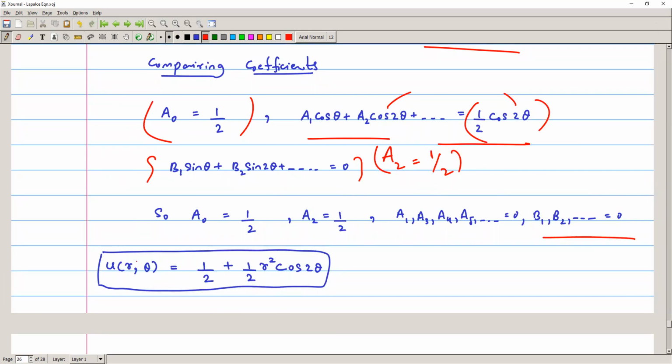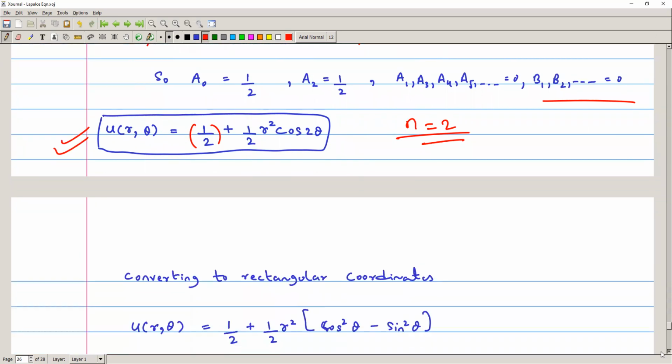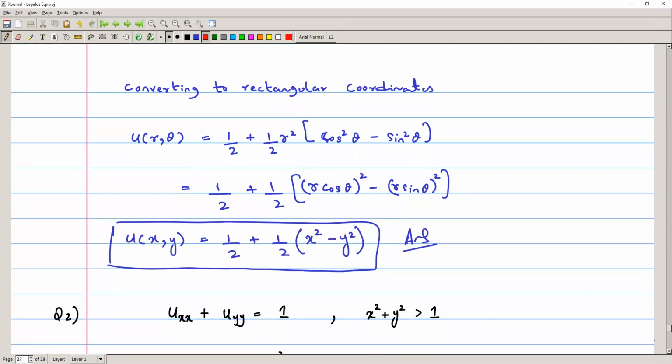So the solution will be u(r, theta) equals half plus half times r squared, because at n equals 2 we have the solution, so half r squared cosine 2 theta. So this is the final solution. Now we can change it into the Cartesian form, that is x and y.